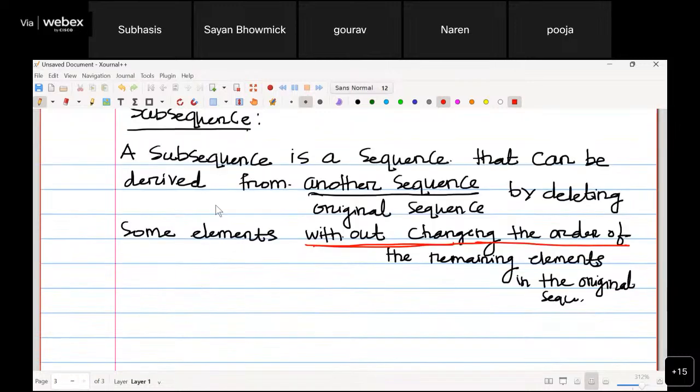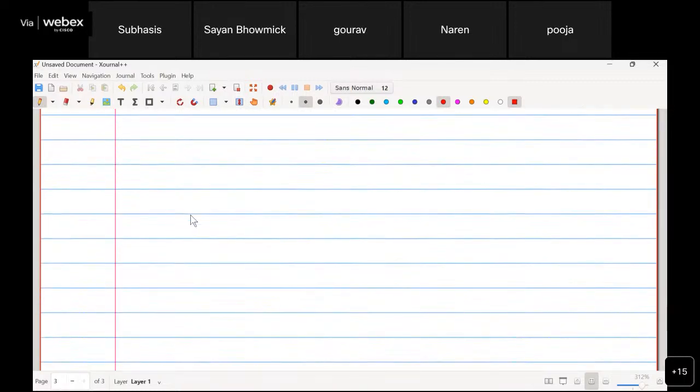Okay. So I have written some statement, or maybe say definition. So let me try to explain this definition using some examples. Let me take the first, let's say this is the obvious sequence.